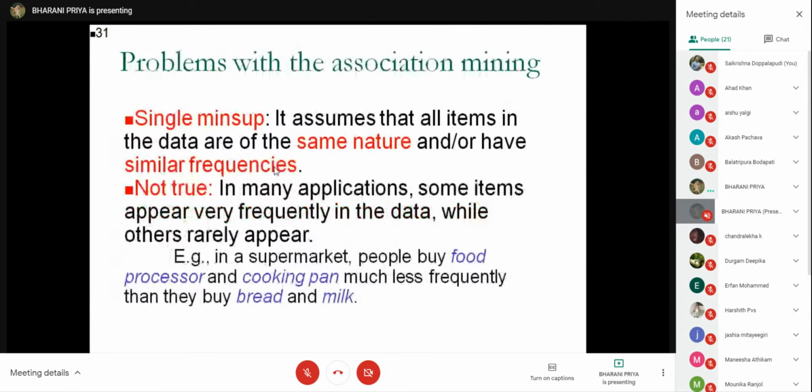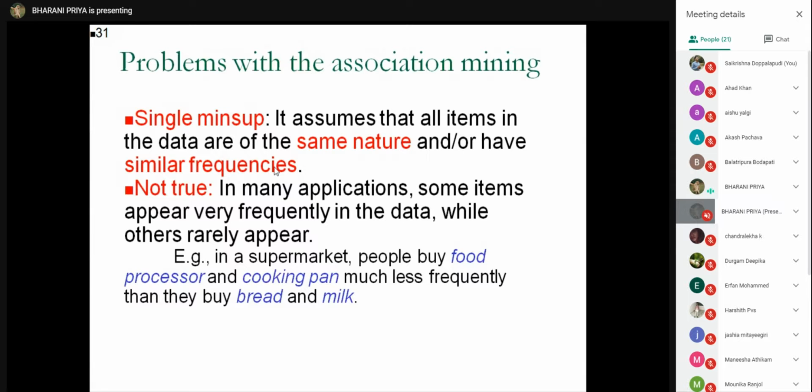Till now we have only used a single minimum support. In the single minimum support, we are assuming that all the items that we are purchasing are of the same nature, that is, they are all frequent. But the purchase pattern may include rare items also. That means the nature of items we are purchasing is not the same.